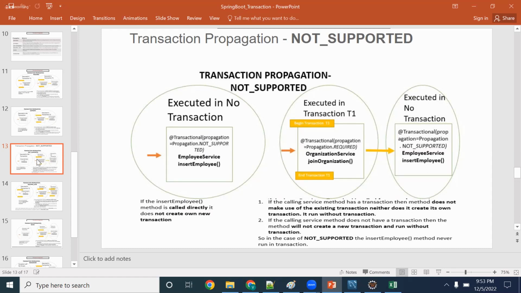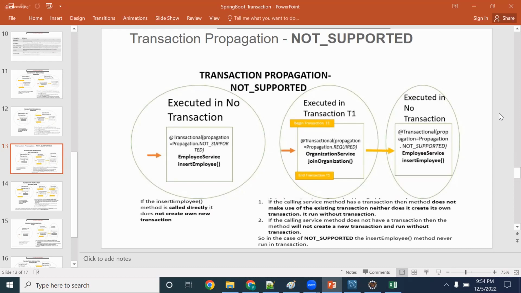Even though you write propagation required at a parent level, if you are writing not supported at an employee level, it will not participate in the transaction block at all. Supports means if parent supports, child supports.